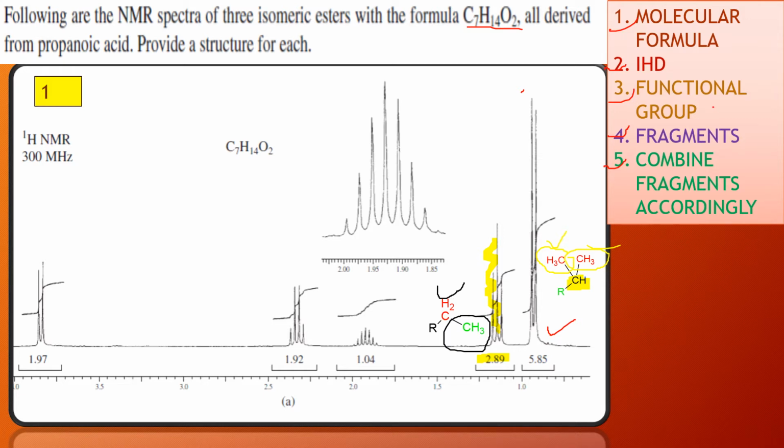Why? This carbon contains 2 protons, so due to these hydrogens, it is giving us a triplet.